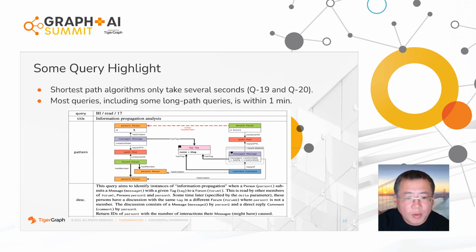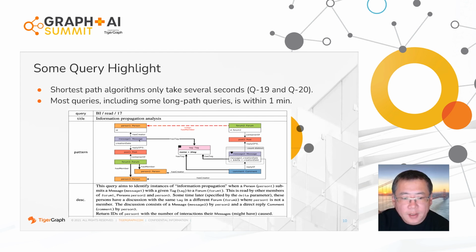Its input is one person and one message, and this person creates a post in a particular forum, and two other persons, person 2 and person 3, also belong to this forum. We assume they see this post, and we want to find out if person 2 and person 3 discuss this post in another forum. And how do we find that?